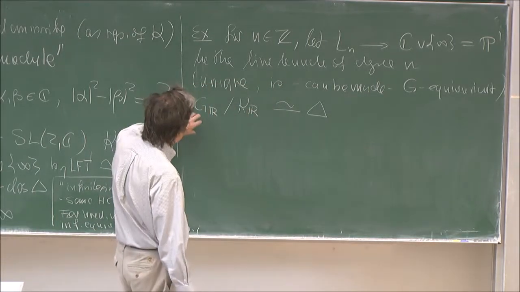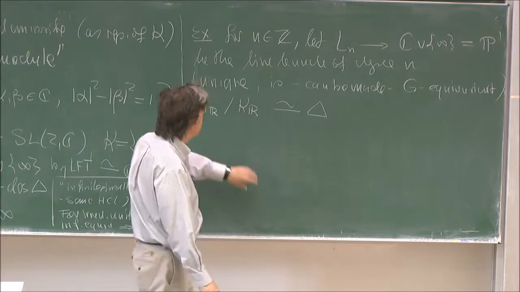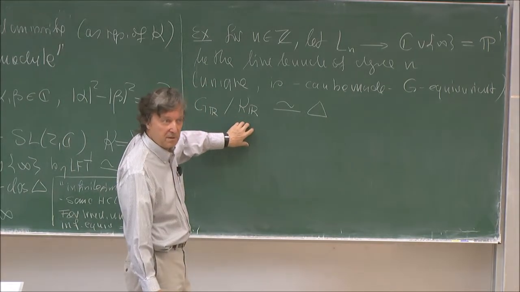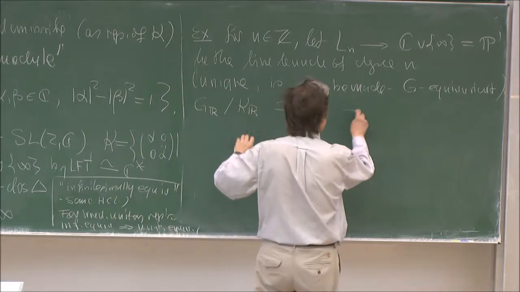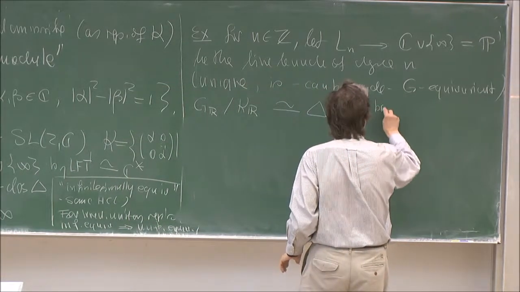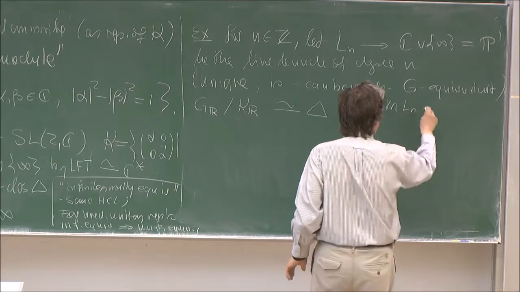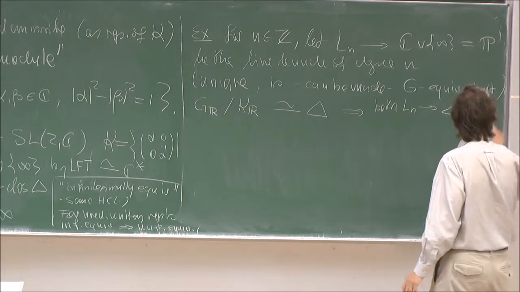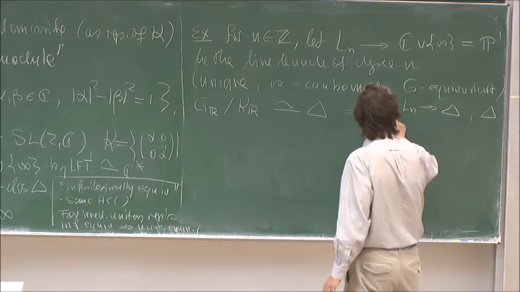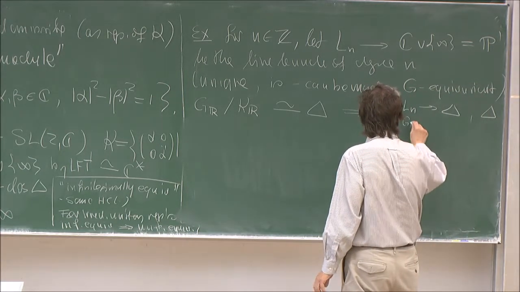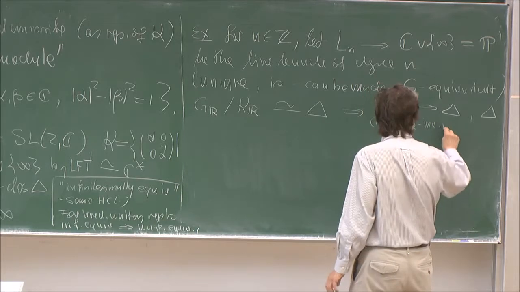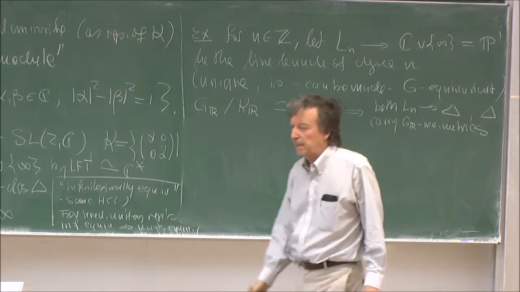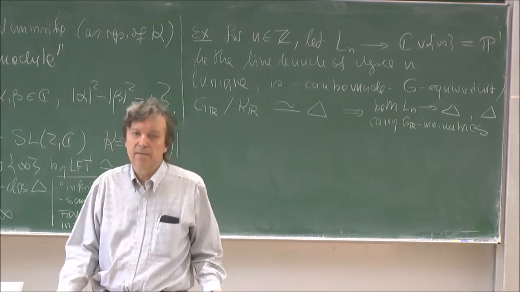And since G_R acts transitively on the disk with compact isotropy groups, that implies that both L_n, as a line bundle over the unit disk, and Delta carry G_R-invariant metrics. And they are unique up to scaling.